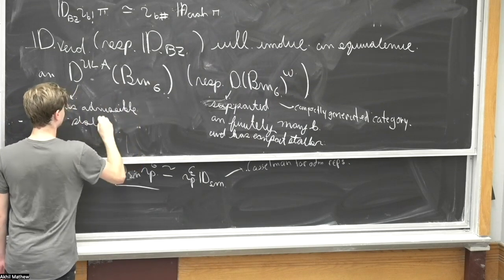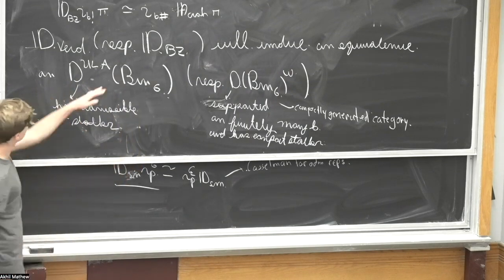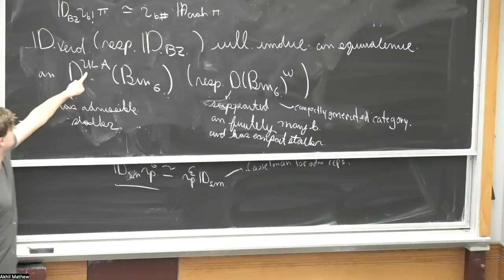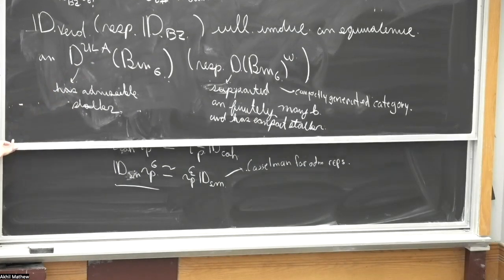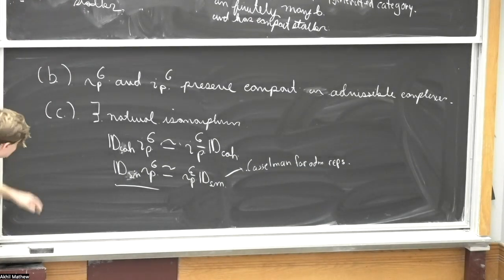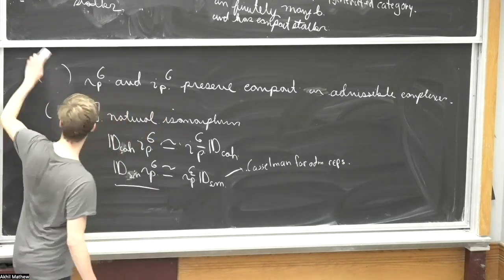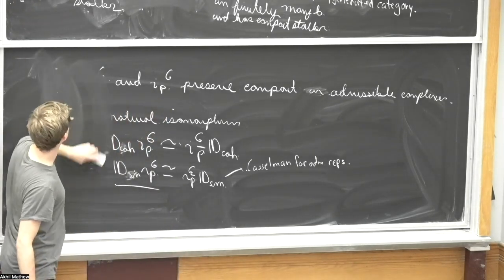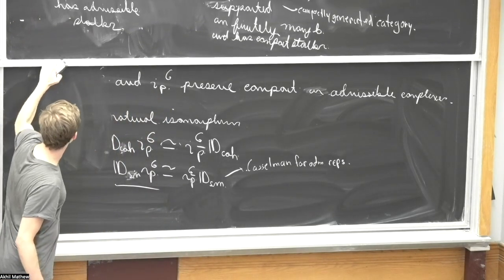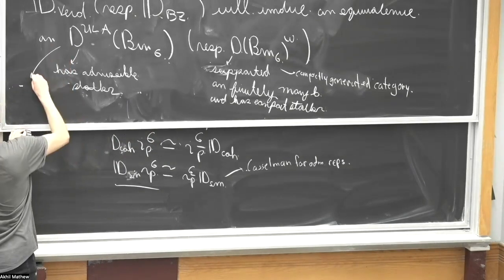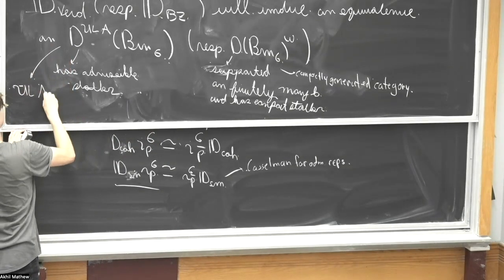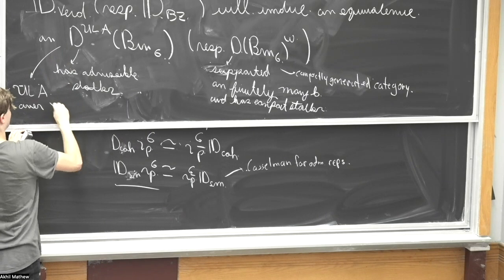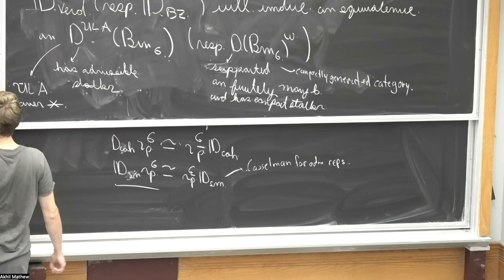But I wrote this bizarre word here, which is ULA. That has some meaning in classical constructible sheaves over schemes, and it has some analogous meanings here, but this is really going to be the set of sheaves which are ULA over the point, with respect to this map pi over here.